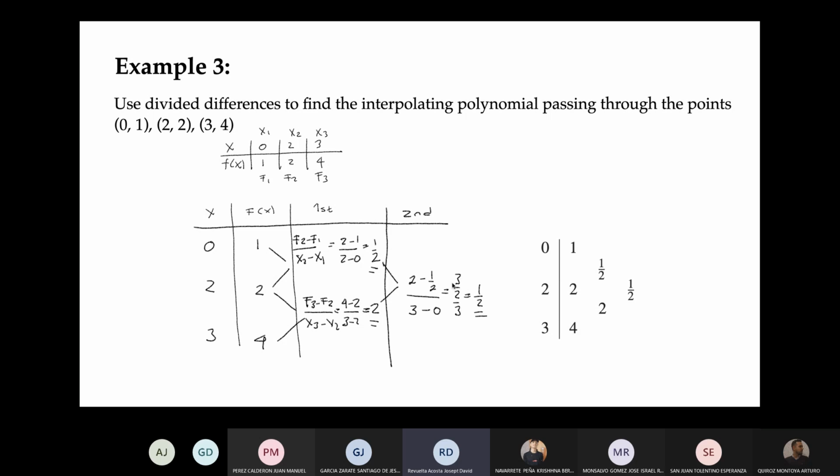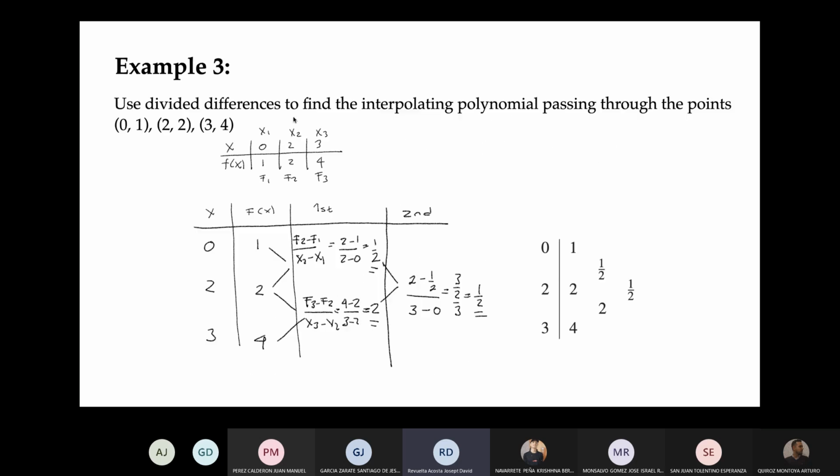And then cancel out, and this is going to be equal to 1 half. So the terms that we are going to use for the polynomial are 1, 1 half, and 1 half, because this is the constant, first and second term.